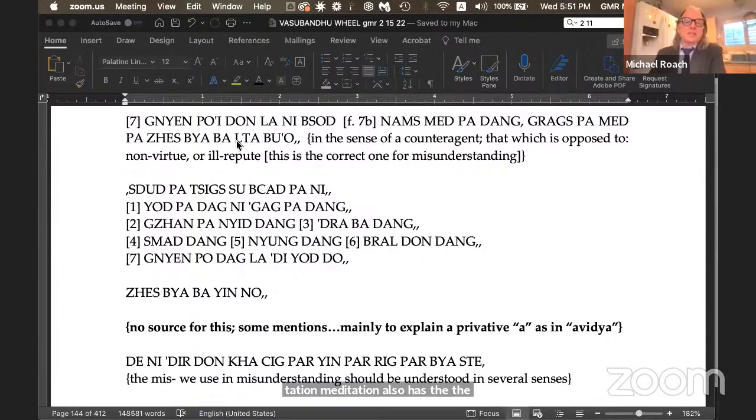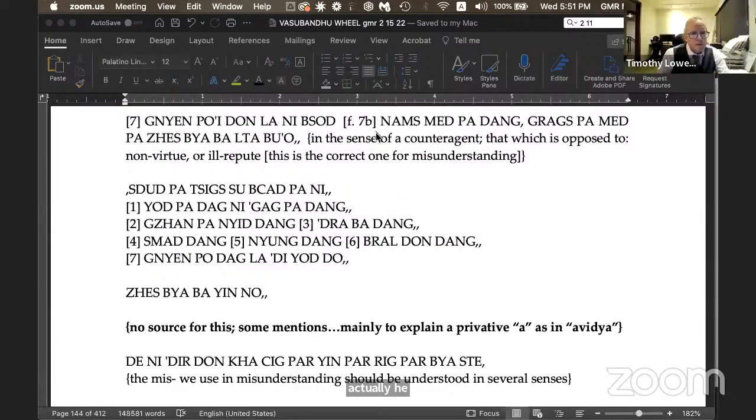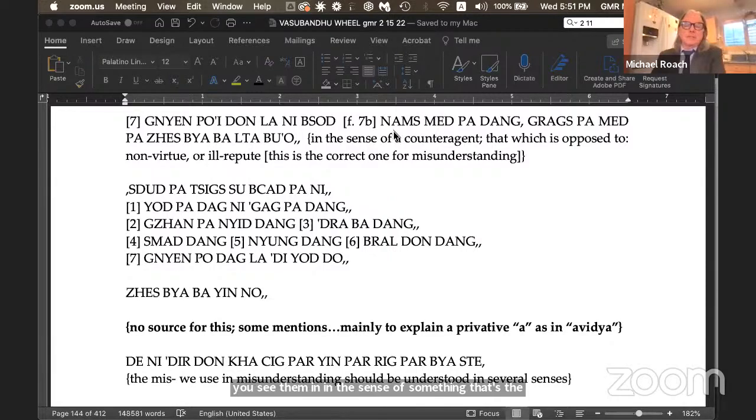In the sense of a direct opposite, something that's the functional opposite. Like Suna Mepa means he's a bad person. He has no good deeds means he's a bad person, and it's meant that way.